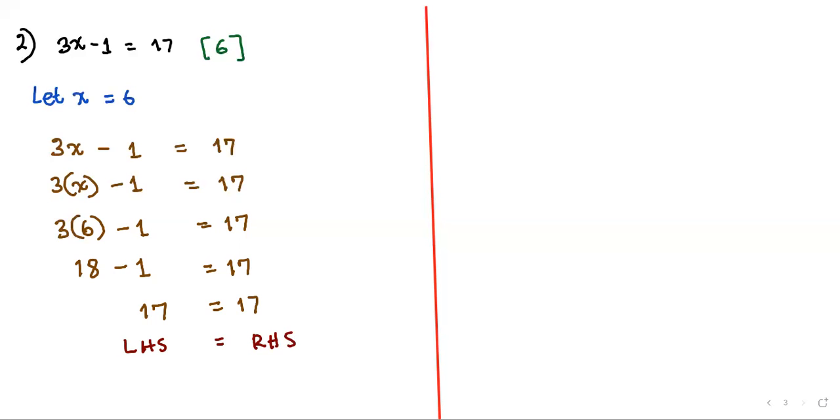So, is 6 the solution or not the solution? It is a solution. Excellent. Very good. We say x equals 6 is the solution to the equation.